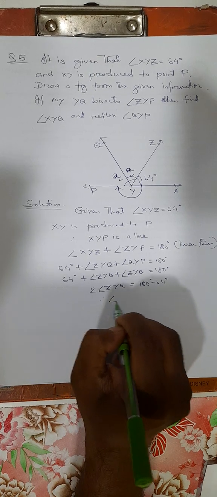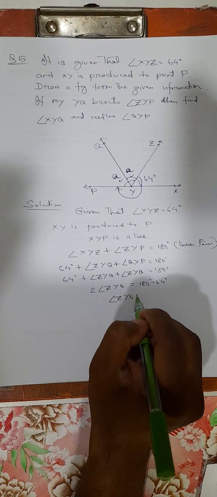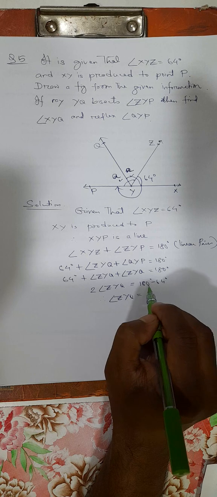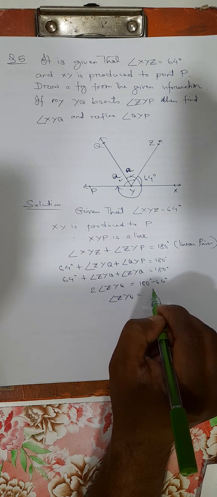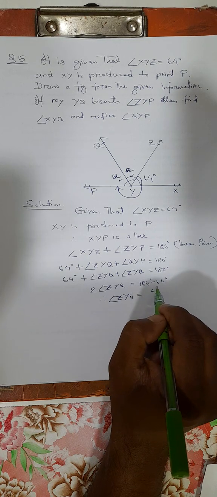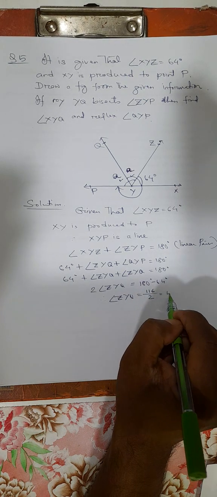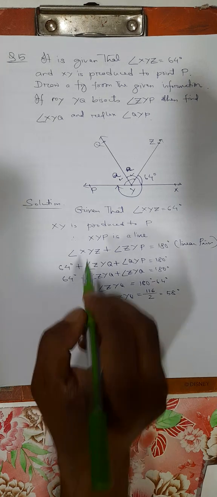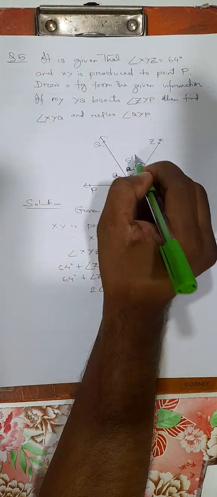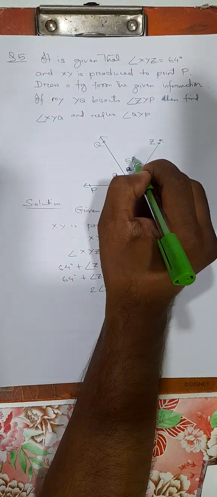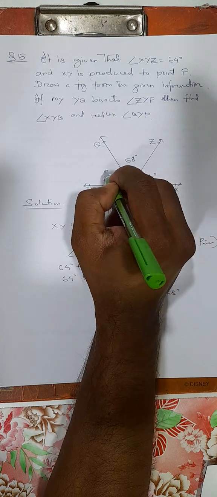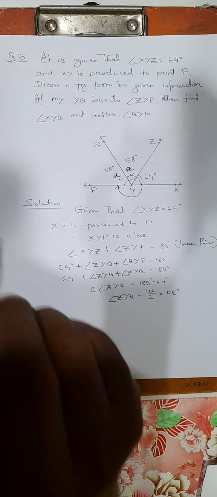Therefore, angle ZYQ equal to 116 divided by 2, that means 58 degrees. So this angle is 58 degrees. If it is 58, this angle is also 58 degrees.